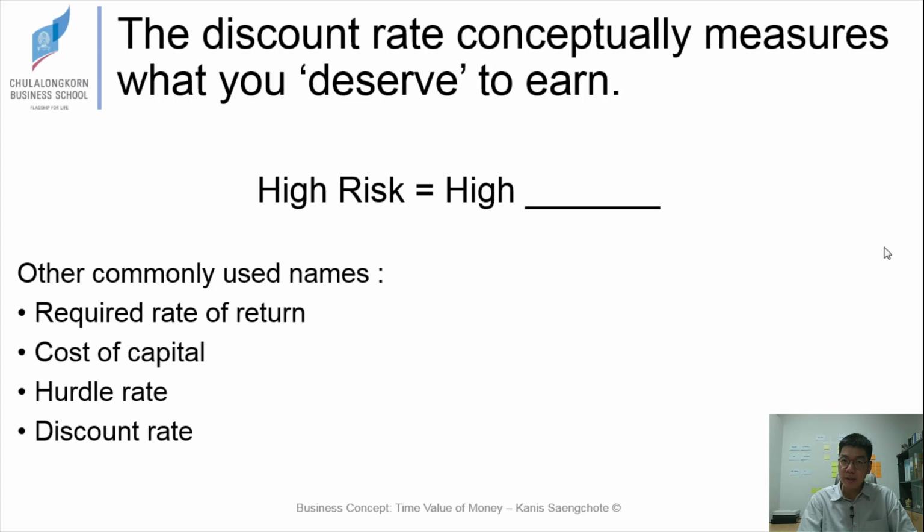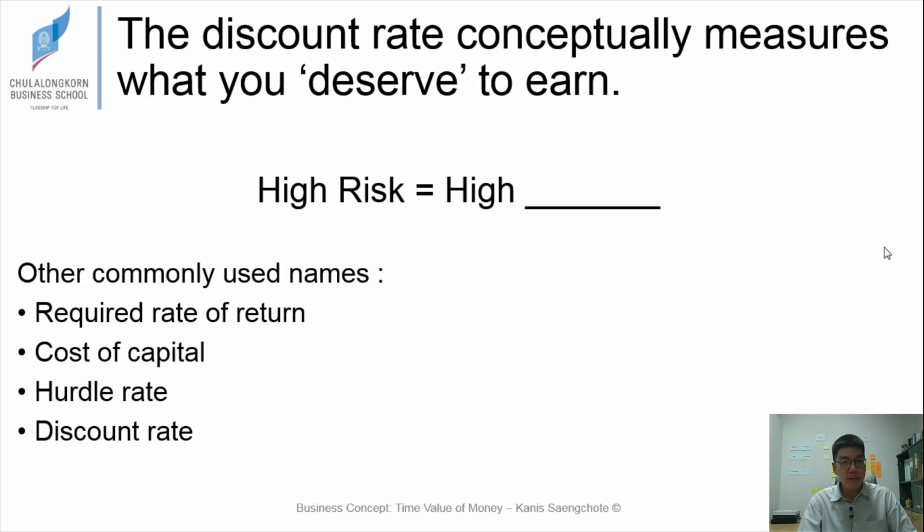So your expectation, my cost. Hurdle rate is another way to describe this, something you have to overcome. In other words, the rate of return you must clear in order to be profitable. So the essence is the same. And finally, the discount rate, which maps our activity that we did earlier, reduces the value of future benefits to the present value by incorporating the risk requirement through the rate setting process.